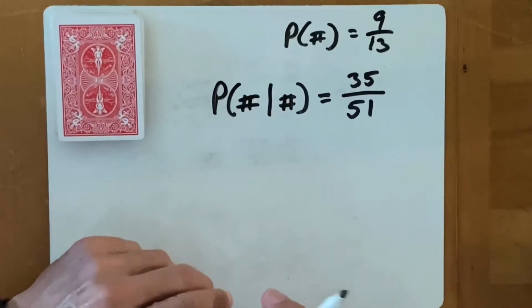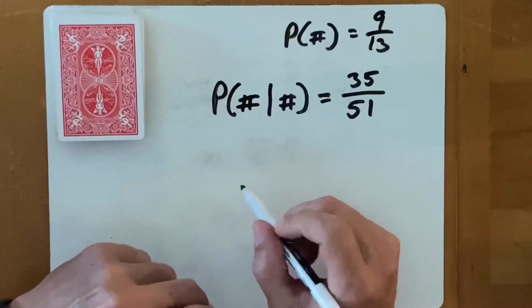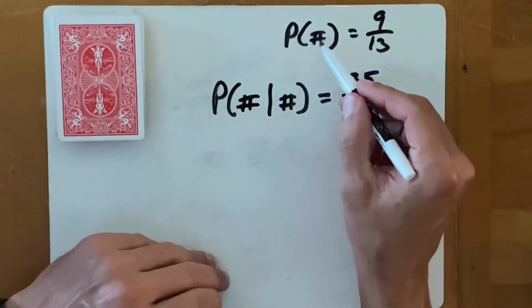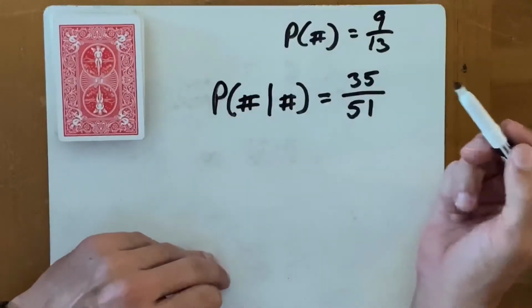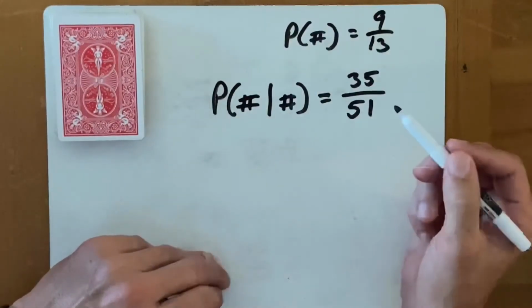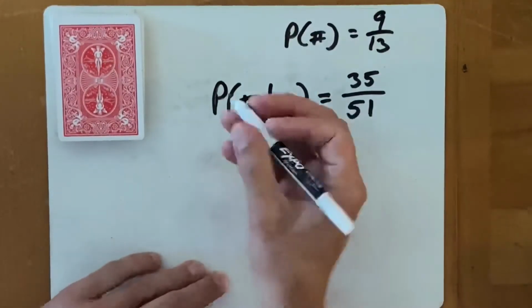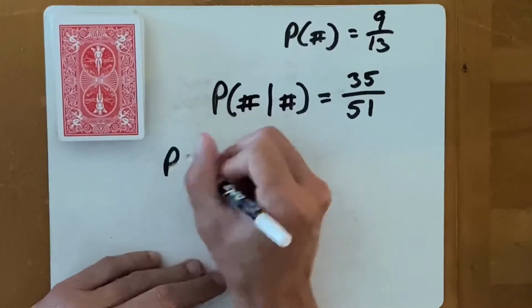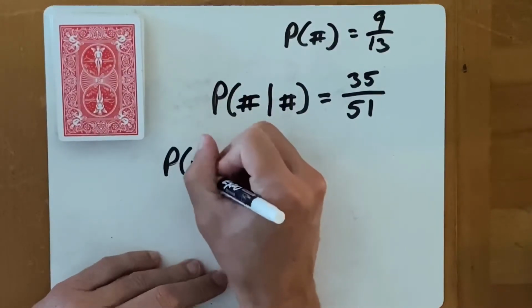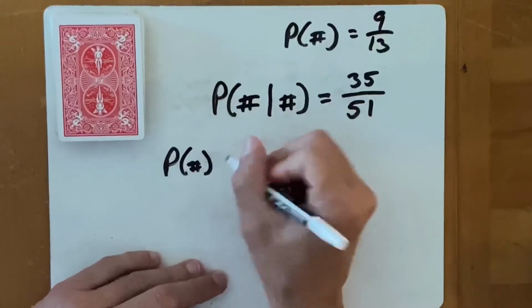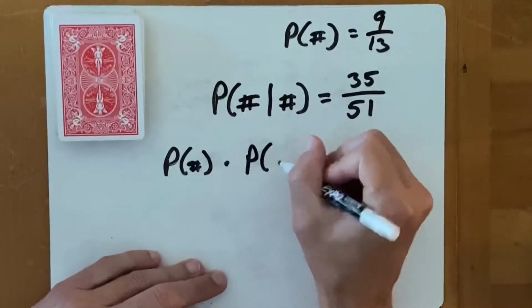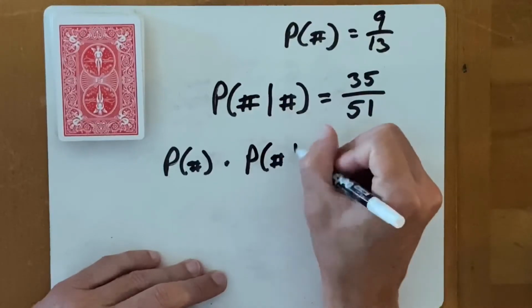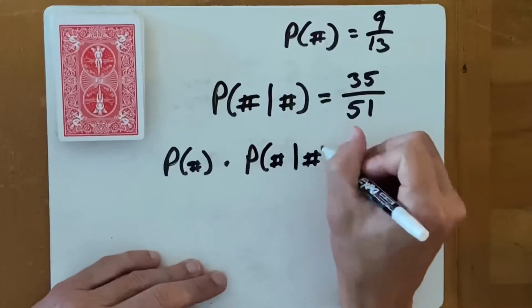Now, if I wanted to figure out the probability of me pulling out 2 number cards back to back without replacement, meaning I'm not putting the card back in the deck, then I'm going to do the probability of a number card coming out on the first one times the probability of pulling out a second number card, given that I pulled one out on the first try.